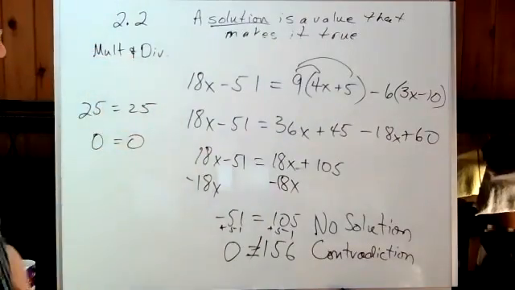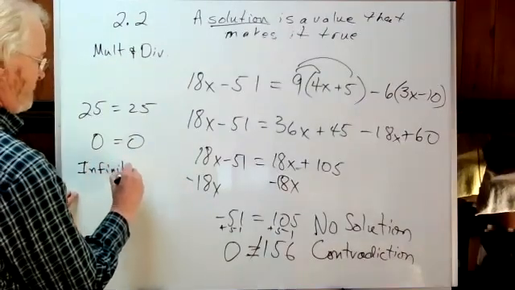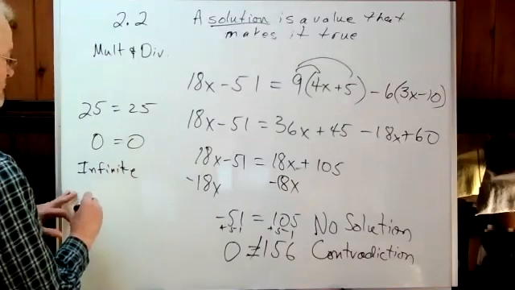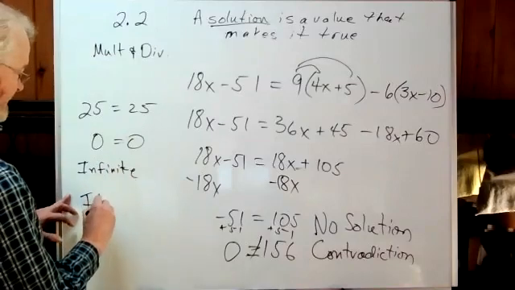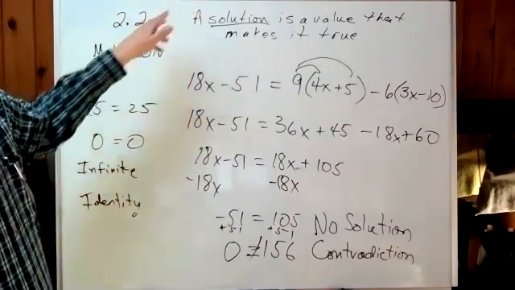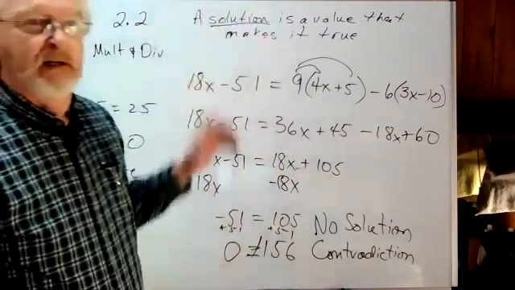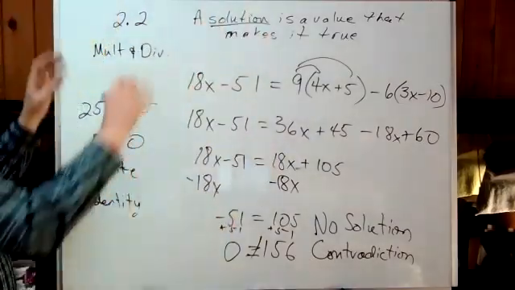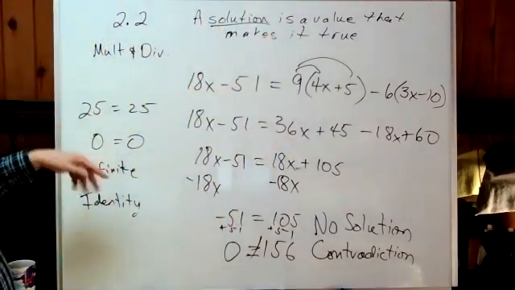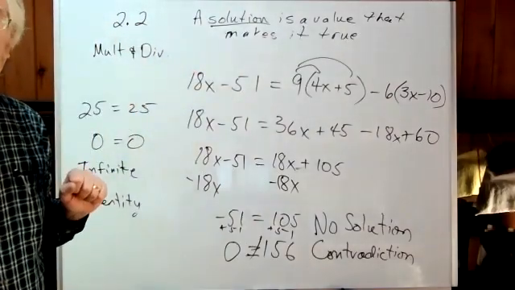Any number works. So this one has an infinite number of solutions, and it's called an identity equation. This side was identical to that side to begin with.